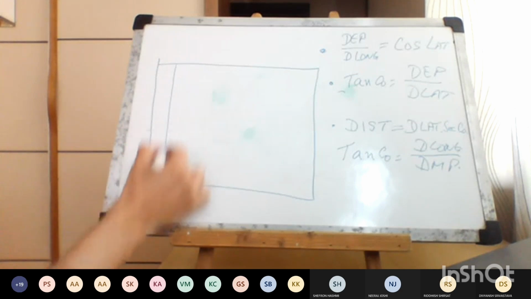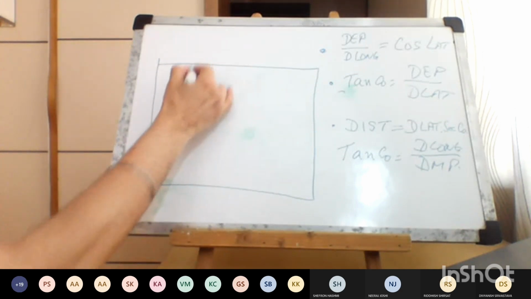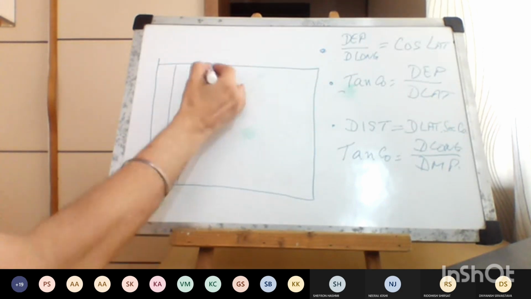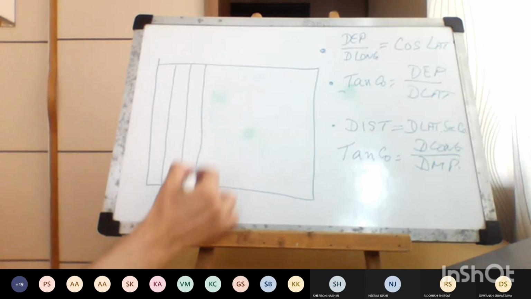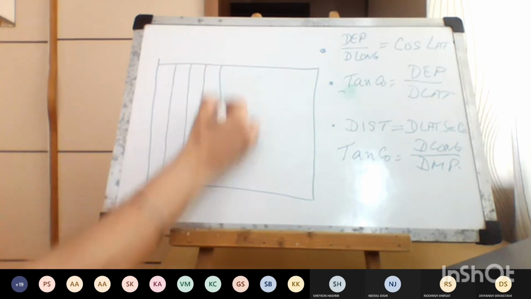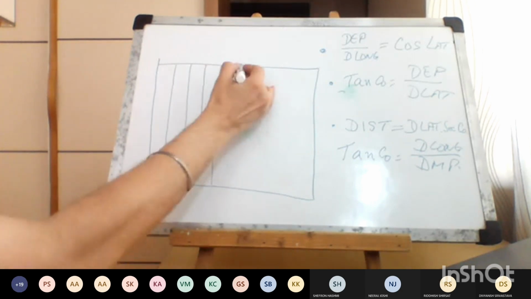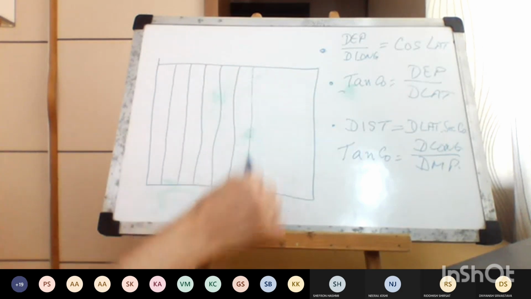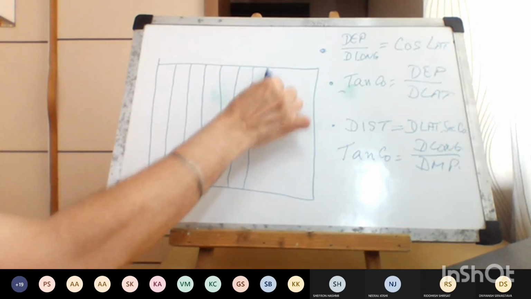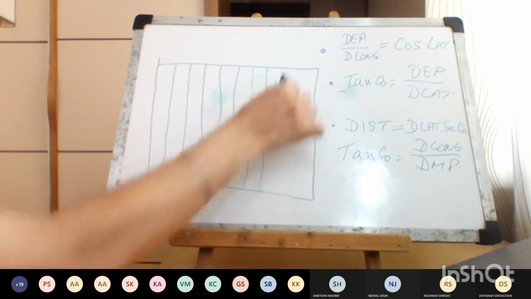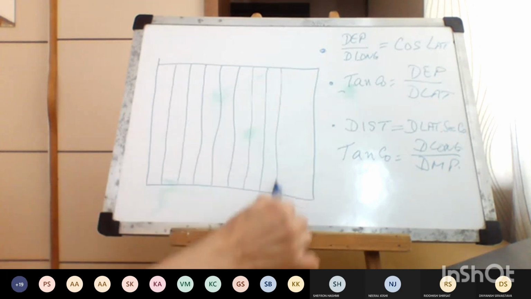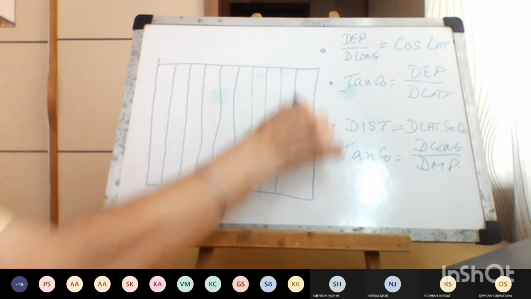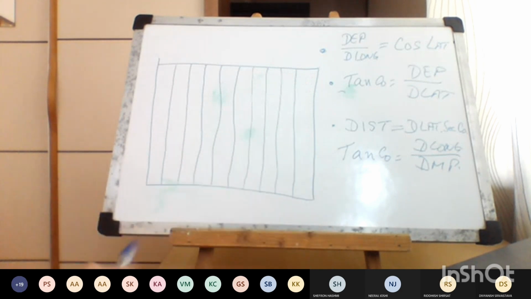The meridians are equally spaced. You may find slight difference because of my free hand. The meridians are equally spaced.